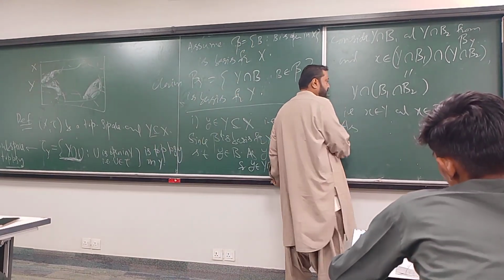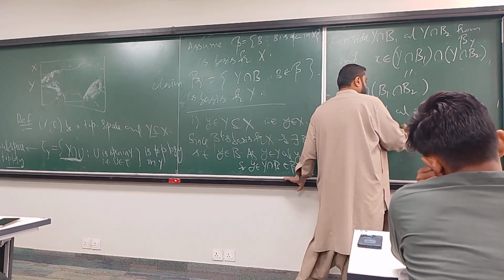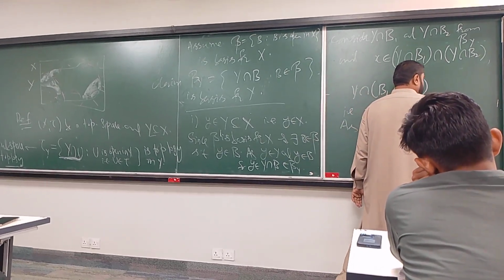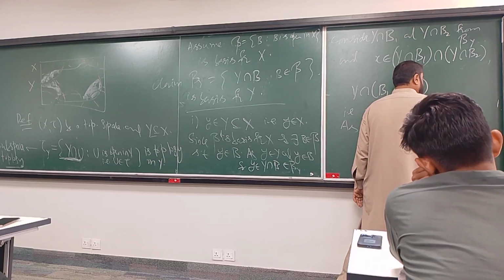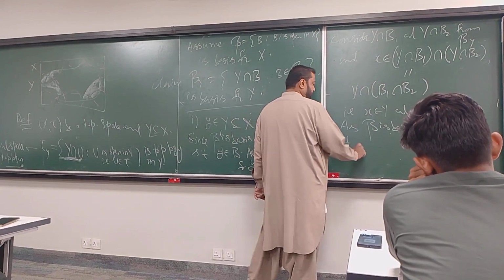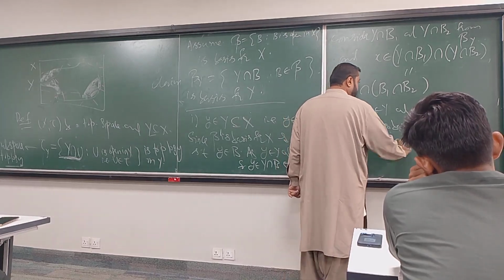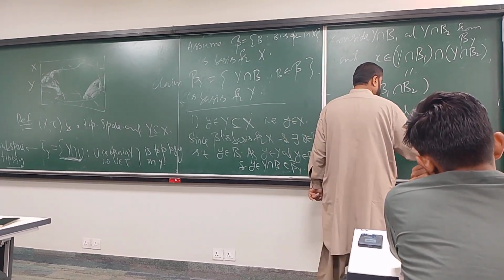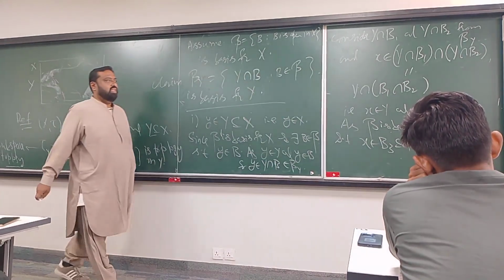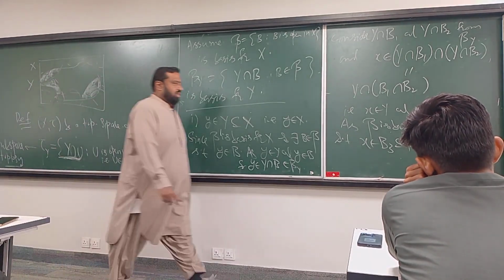As calligraphic B is a basis, I can find B3 inside calligraphic B such that x is inside B3 and B3 is inside B1 intersection B2. Okay, so now x belongs to Y intersection B3. Good.